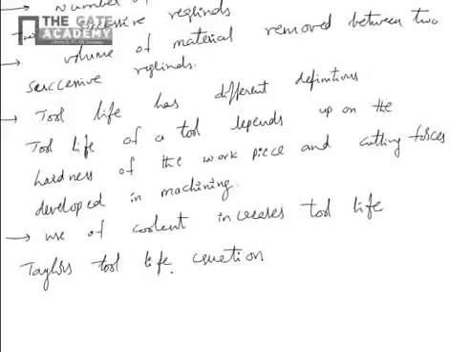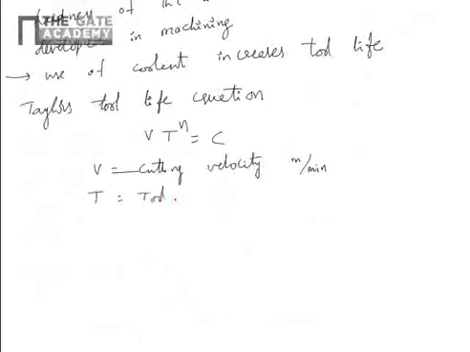Taylor's tool life equation tells us the relation between the velocity and the tool life: V T^n equals C. V is the cutting velocity, or relative velocity between the tool and workpiece, in meters per minute. T is tool life in minutes. n is Taylor's exponent.